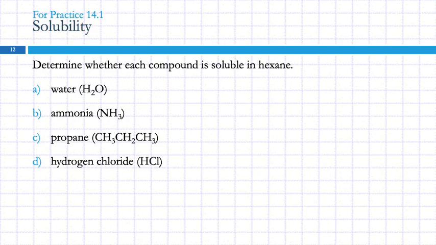So this is a sort of question you could expect on an exam. Determine whether each compound is soluble in hexane. So first question, what is hexane? It's a hydrocarbon, right? So it's got carbons and hydrogens, okay?